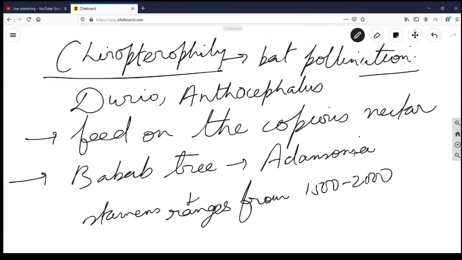Now if we talk about the adaptations, the outbreeding devices or the contrivances promoting cross pollination, what are they?